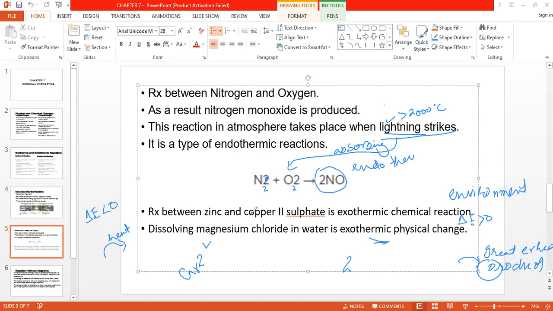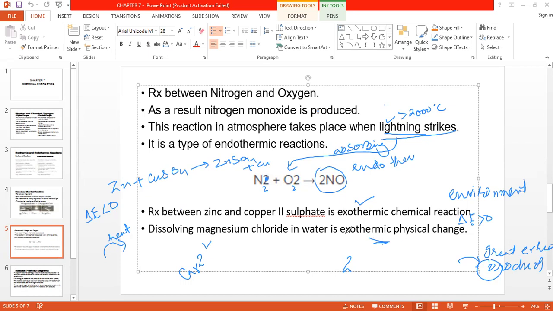Then the reaction between zinc and copper sulfate is also an exothermic reaction. Zinc reacts with copper sulfate to make zinc sulfate and copper. Dissolving magnesium chloride in water is another example of an exothermic reaction: whenever you dissolve magnesium chloride into water, it is an exothermic physical change.